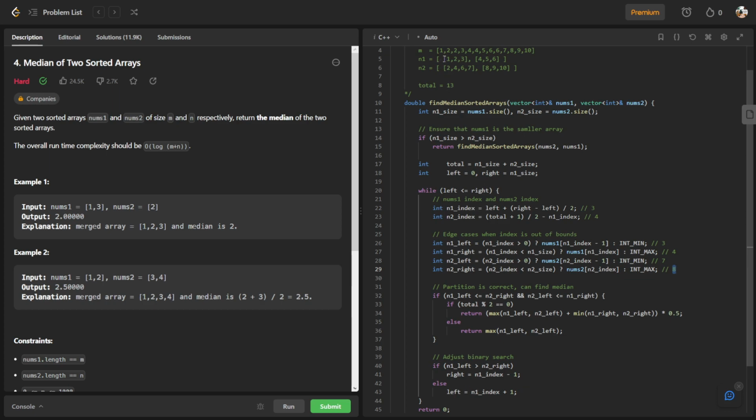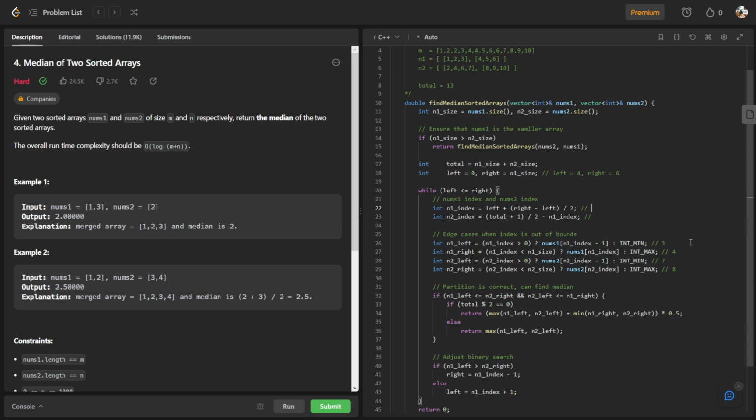So the left pointer here has to move to n1 index, which is 3, plus 1. So left is equal to n1 index 3 plus 1, which is 4, and then right is still the same at 6, right? Remember.